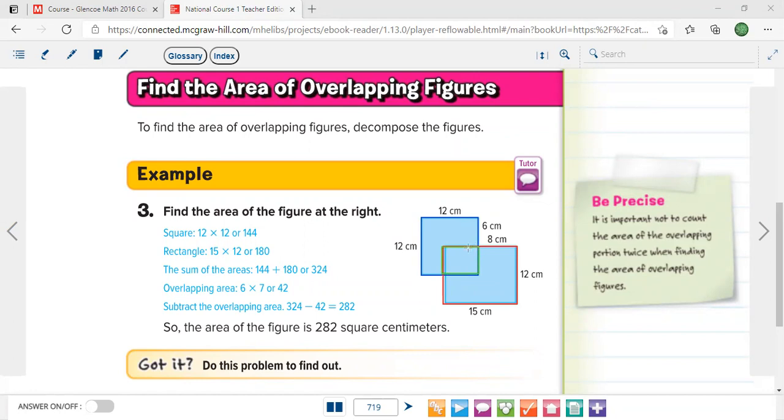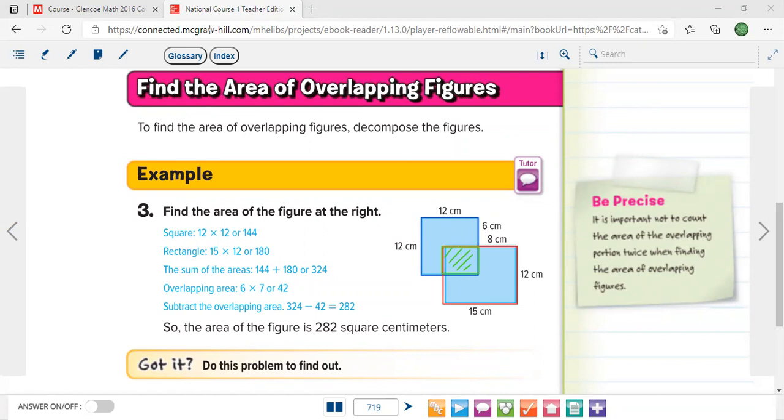This means we will evaluate the area of the first figure and the area of the second figure. And because this part is a common part, it has been evaluated twice, one time in the original figure and one time in the other figure. So we will subtract it one time. So the whole idea is about what?